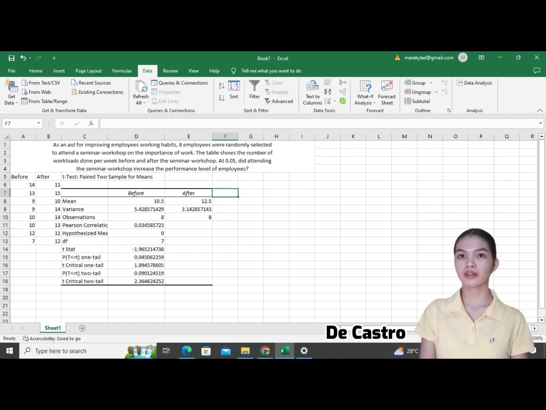If we're doing a one-tailed test, it's 1.89, and in this case the t-value does not exceed either of those critical values. That gives us our p-values, which we can see here, 0.04 and 0.09. So we fail to reject the null hypothesis. There is no increase in the performance level of employees after attending the workshop.